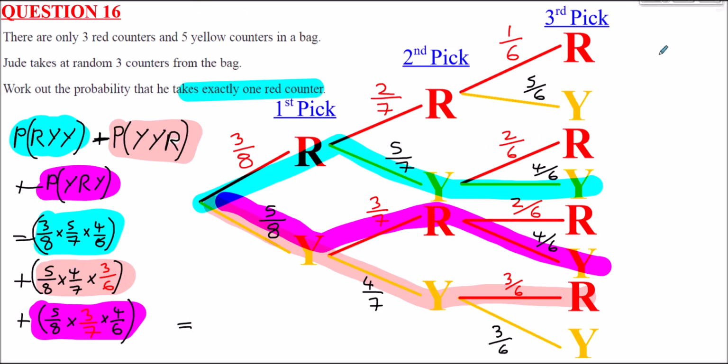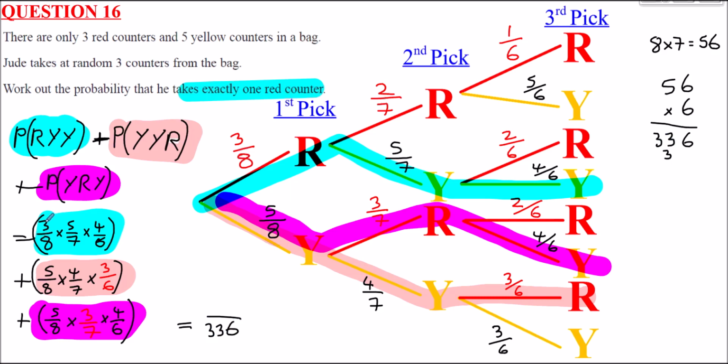Well, 8 times 7, we could do that one first. 8 times 7 is 56. But if we multiply it by 6, 56 times by 6. 6 times 6 is 36. Carry the 3. 6 times 5 is 30, plus that 3 is 33. So the denominators are going to be 336.